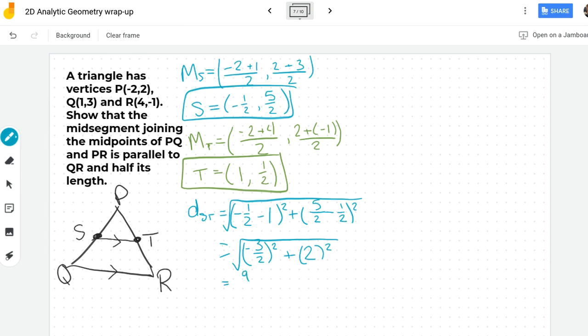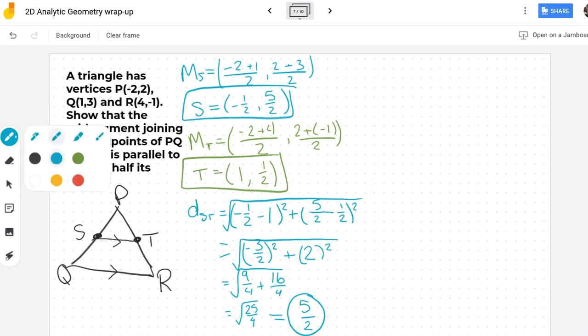So this would be 9/4 plus 16/4, because that was 2 squared, which is 4, common denominator. So then we get 9 plus 16 is 25/4. And if you square root a fraction, you square root the top and square root the bottom. So that is the distance of ST. So it is 5/2 units, or 2.5 units long.